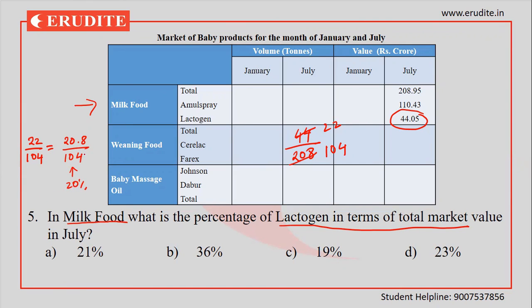Okay. Now let me add 1% of it, plus 1% of 10.4 means 1.04 by 104. If I have added 1.04, it would be 21.84. That means how much extra? 22 minus 21.84, that means it is coming as 0.16.